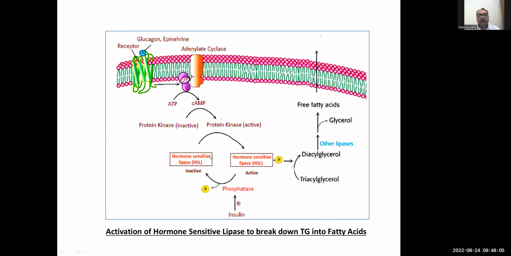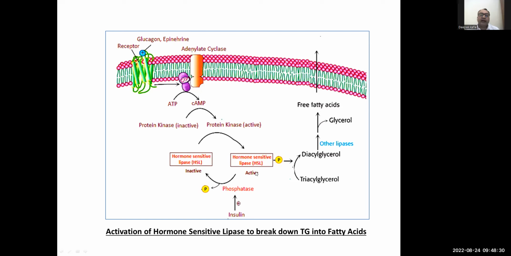In general, glucagon will activate the adenylyl cyclase system, converting ATP to cyclic AMP. Then it will convert the inactive protein kinase to the active protein kinase, especially protein kinase A. Protein kinase A becomes activated and acts on the inactive hormone-sensitive lipase by the process of phosphorylation.